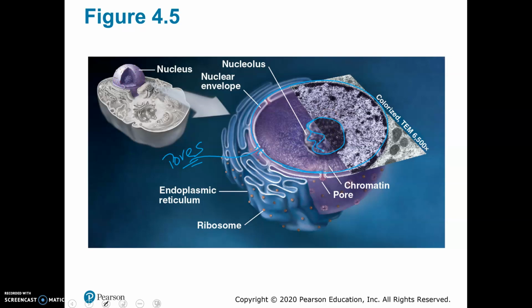And all of this would be the actual DNA, which would be in a mass, notice they wrote here, called chromatin. And that mass, the chromatin, is actually your chromosomes, but you only see them as chromosomes when the cell is dividing. You may remember learning a little bit about cell division, how the chromosomes look like these little X's. They only look like that when the cell's dividing. The rest of the time, they're sort of uncoiled into this stringy stuff called chromatin.